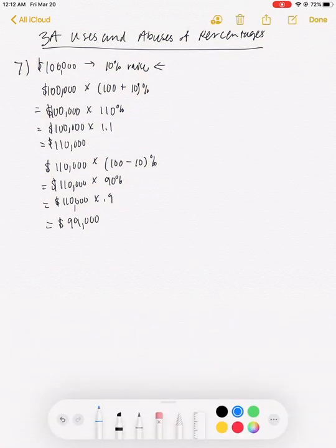Okay, so we have our 10% raise here. That's where it's coming from. So this is 10% of $100,000. And this is our reference point, our reference value is the $100,000. Now, what are we doing here?